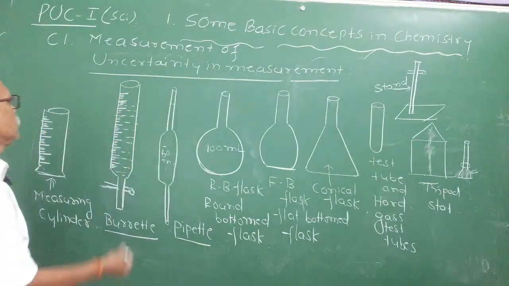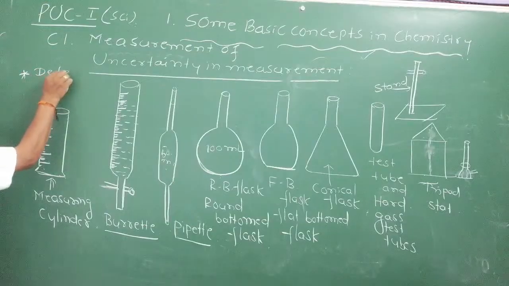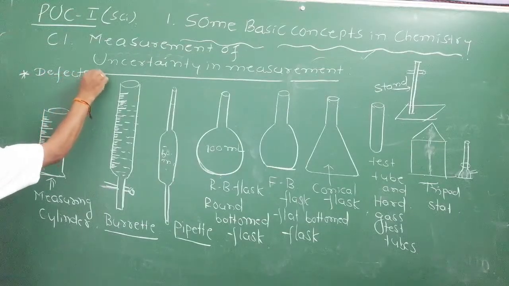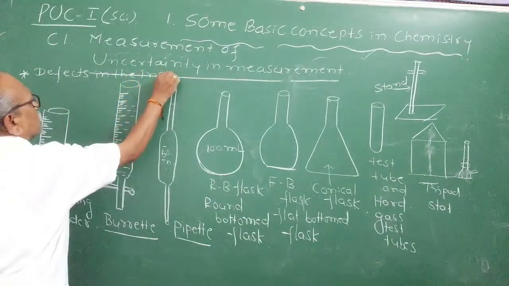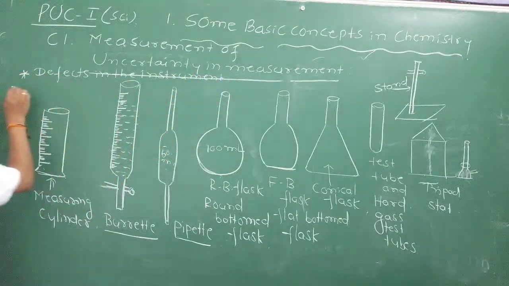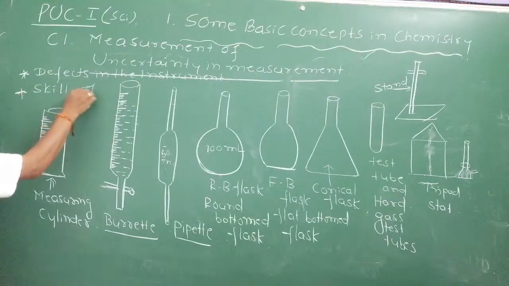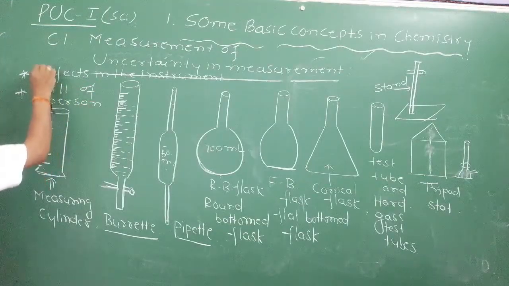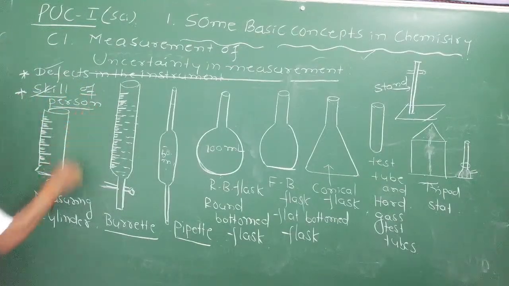Generally there are two things. Uncertainty is because of two things. Defects in the instrument, or the skill of the person. The particular person may be less in skill, right?